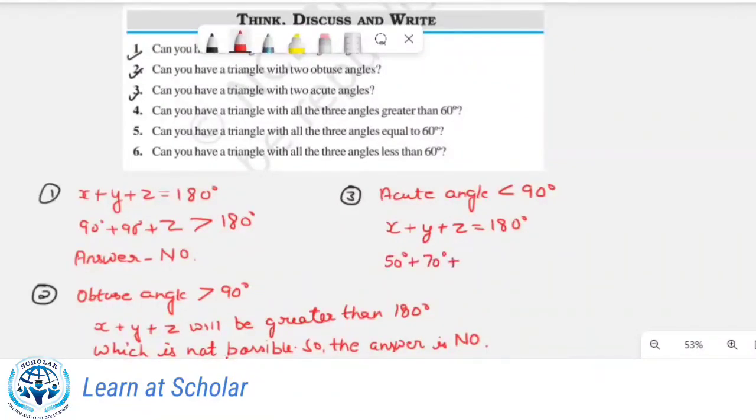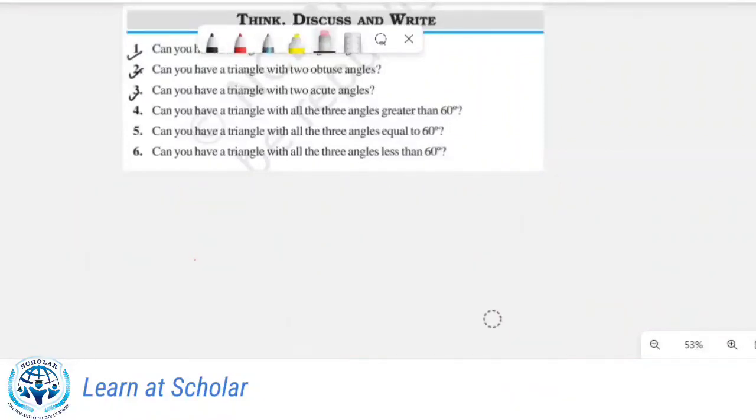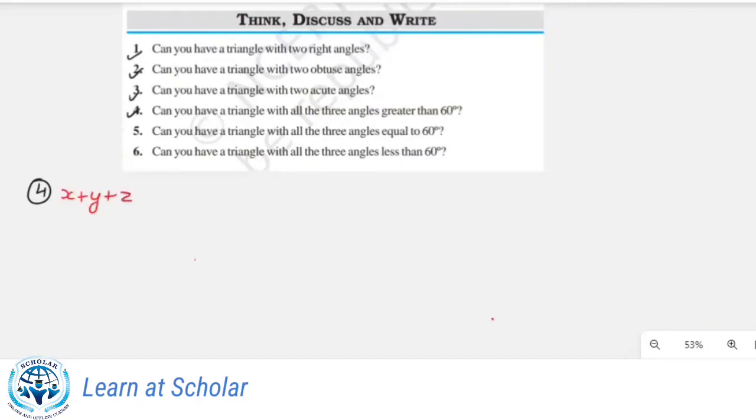If two angles, suppose, are 50 and 70 degree, and the third angle is of 60 degree, the sum will be equal to 180 degree. Therefore, the answer is yes. If two angles are acute, the third will also be acute, and it is possible that a triangle can have two acute angles.